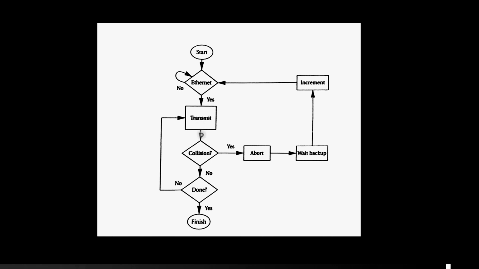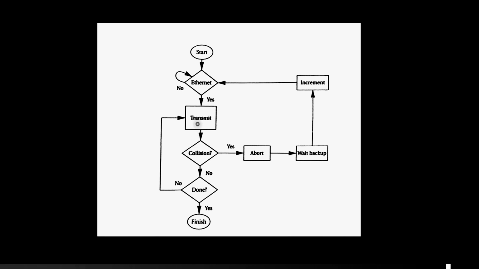On transmission, it also checks whether any collision happens, that is, whether it collides with any data transmitted by some other nodes. If no such collision happens, then the transmission can be done successfully. It also checks whether the data from the sender has reached the receiver properly. If it has reached properly, then it reaches the finish state.